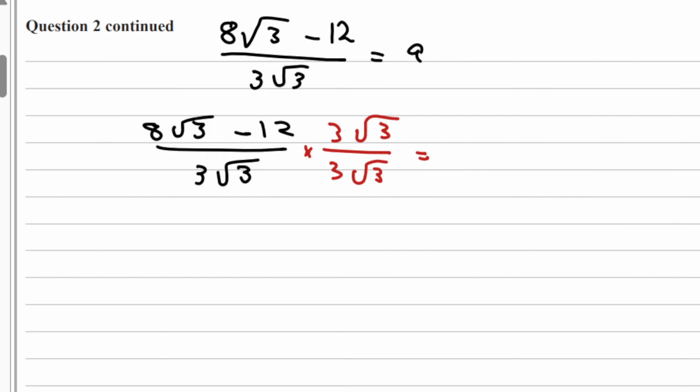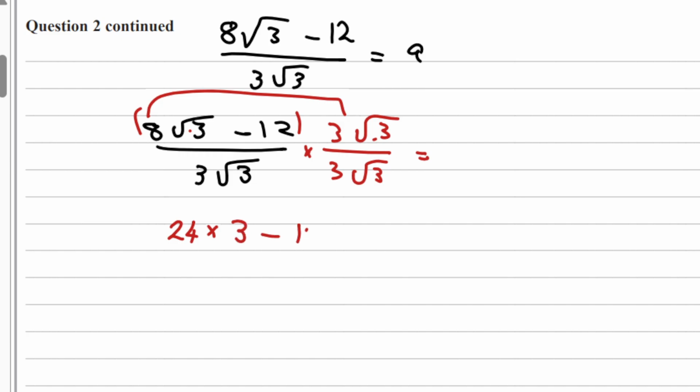Now that gives you 8 times 3 root 3, which is going to be 8 times 3 is 24, and root 3 times root 3 is 3, so it's 24 times 3. I just want to write it like this.